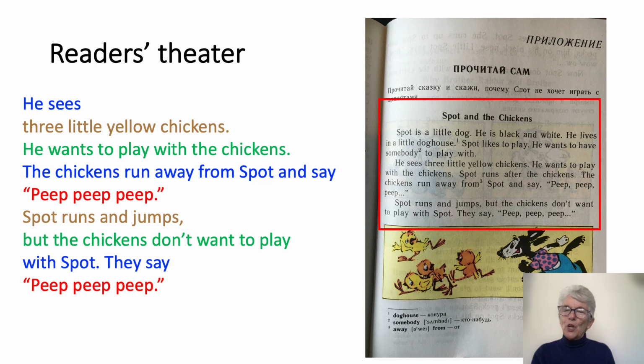It's helpful to coach students doing reader's theater with instructions like, "Be ready with your line," especially if you're finishing a sentence like, "He sees 3 little yellow chickens." And I tell the students to be dramatic. Like, you're afraid, "beep, beep, beep." Or "runs and jumps." Or "don't want to play."